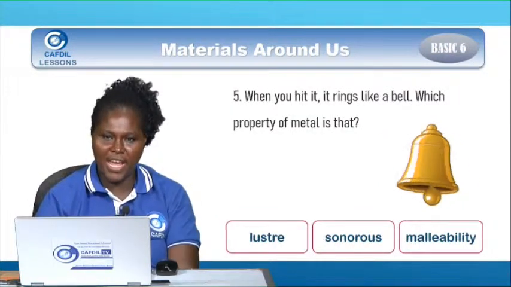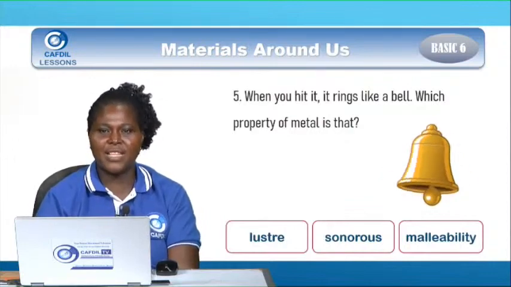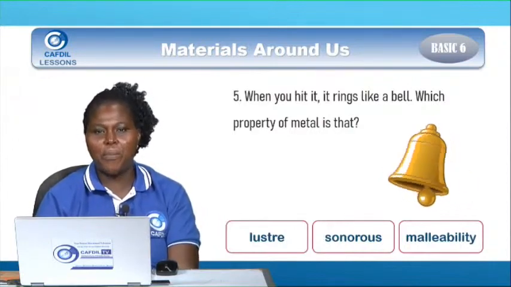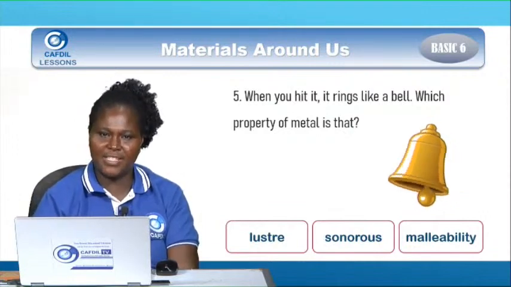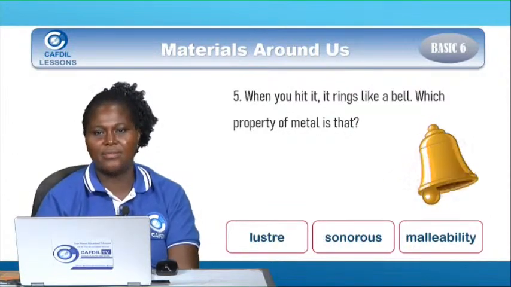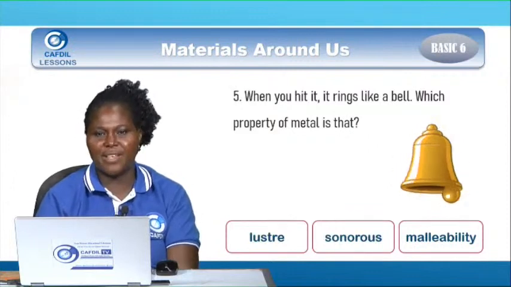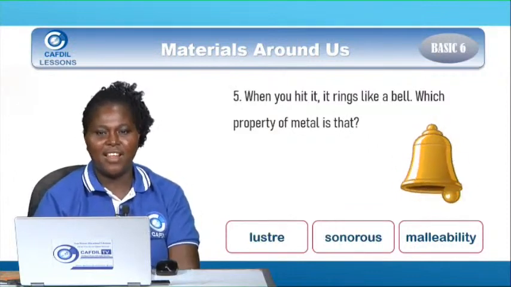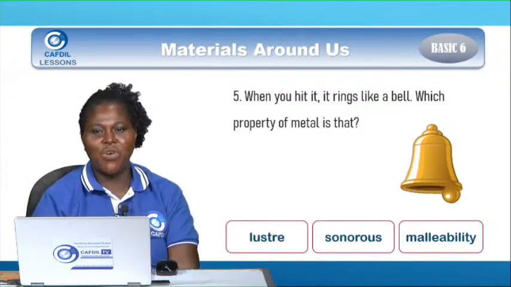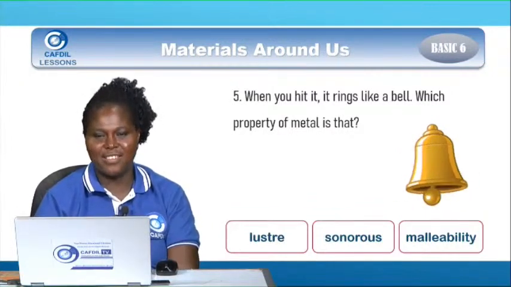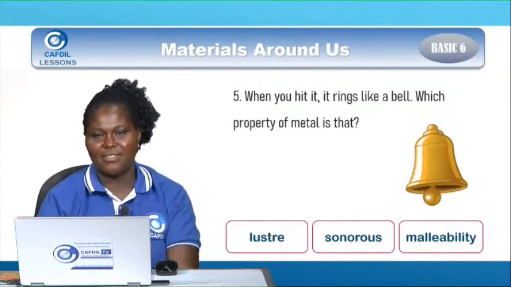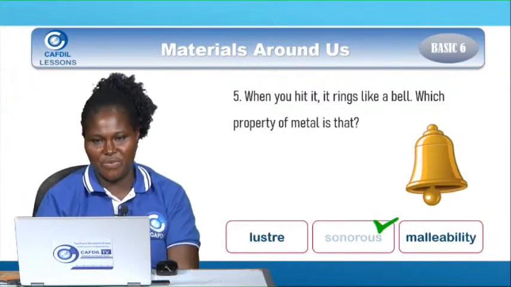When you hit it, it rings like a bell. Which property of metal is that? Lustre, sonorous, or malleability? Which of the answers is correct? Sonorous.